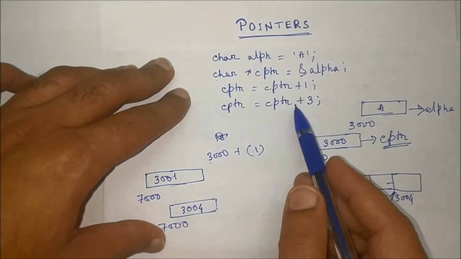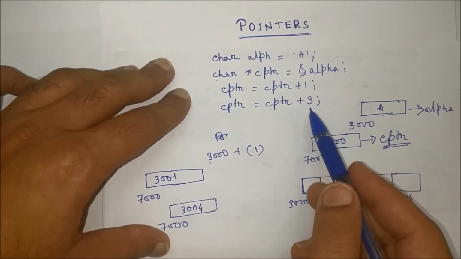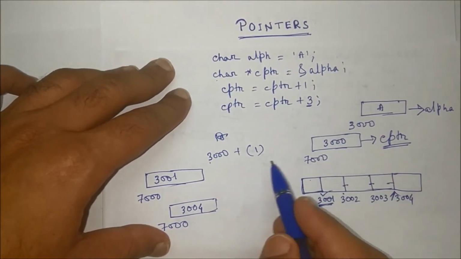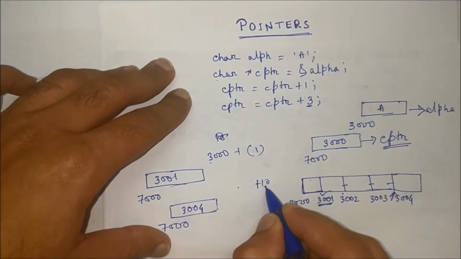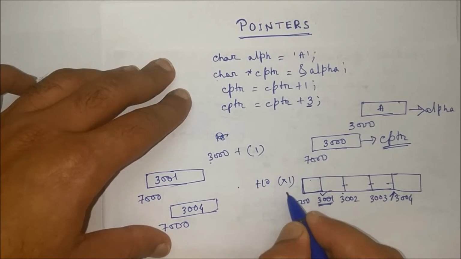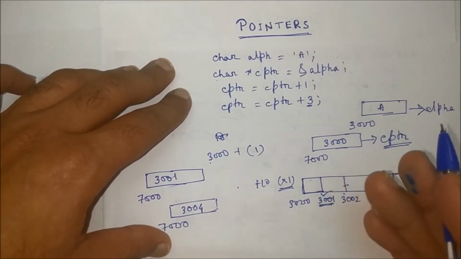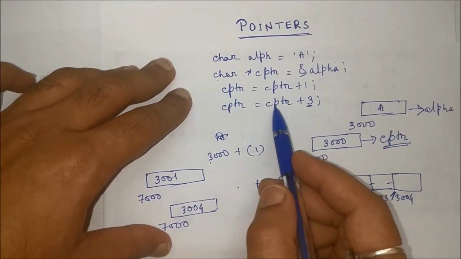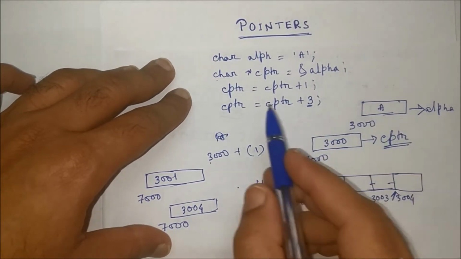To simplify, as a character is 1 byte, you can multiply by 1 here. Suppose you have cptr plus 10, you multiply by 1, because each character is 1 byte, and it traverses to the next location. It will not jump to any other location by doing this addition. So it will go to 3010, right?